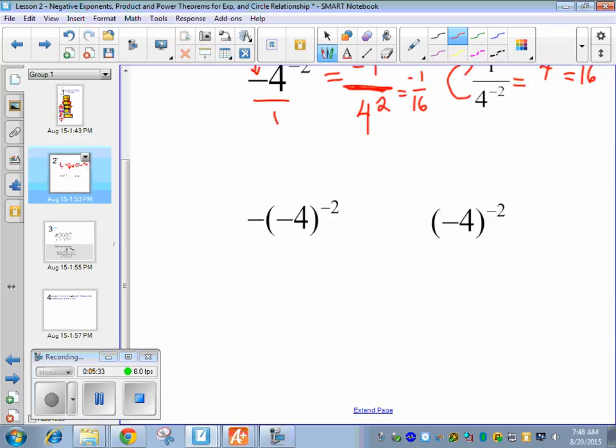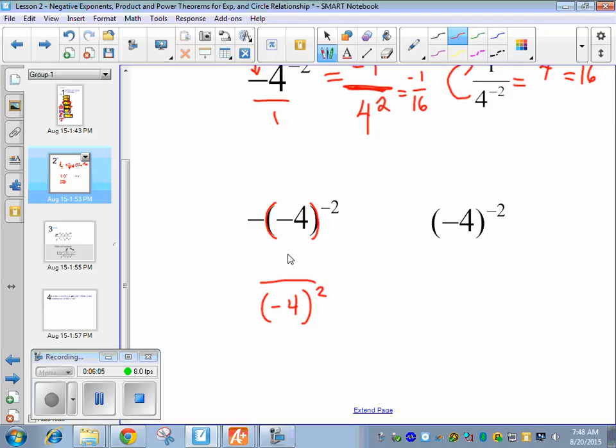Okay, let's throw in some more weird negatives. Make sure we understand what's happening with all the negatives. So we have a negative 4 in parentheses, and we've got the negative on the outside here. When you have the parentheses, this negative is attached to the 4, so we do need to move it all together. So we move it to the bottom, because right now it's in the numerator, and that little exponent goes positive.